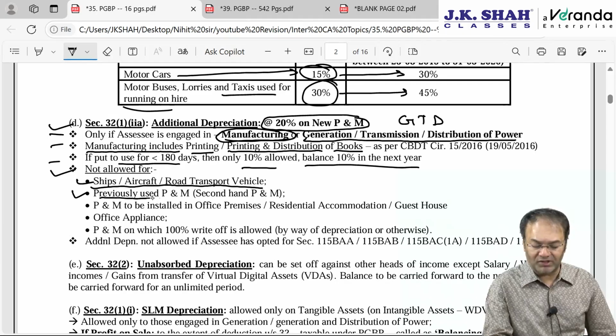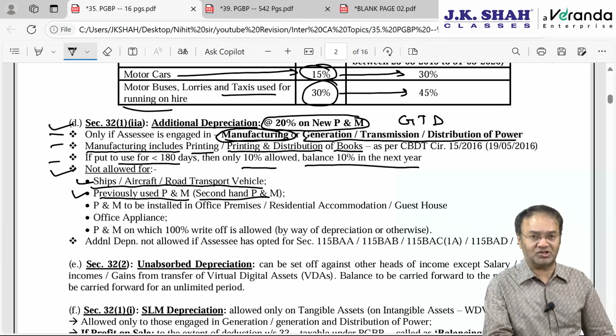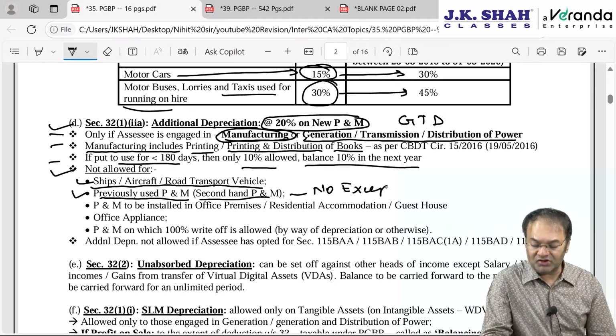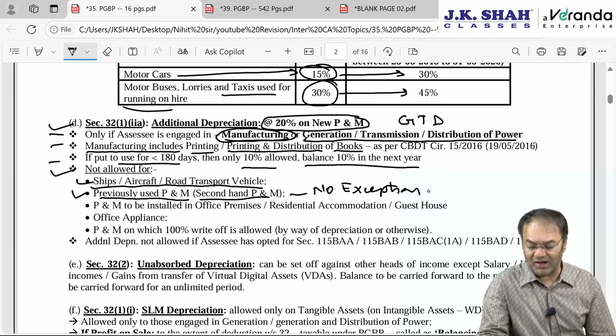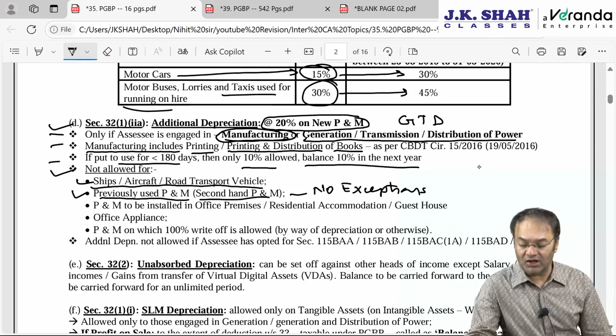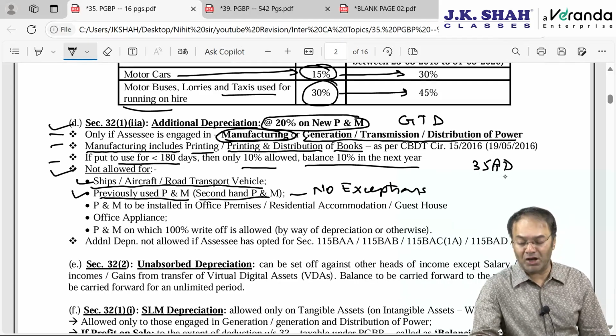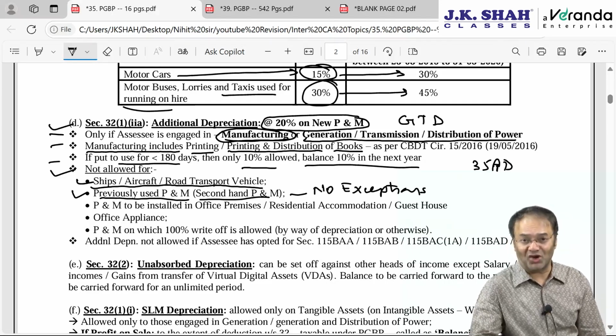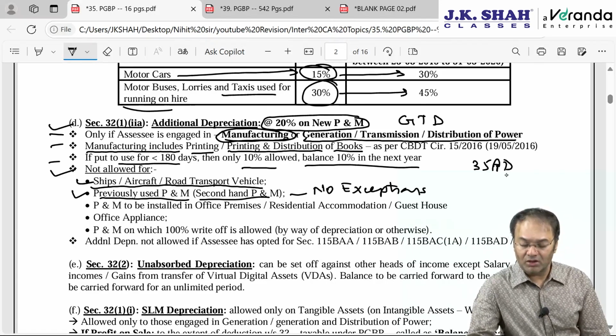Second, which is very important, previously used plant and machinery, that is second hand plant and machinery. Here for second hand there are no exceptions. Since you are already done with the chapter and we are revising it, no exceptions. If you recollect, in section 35AD, 14 specified businesses: cross-country pipeline network, agricultural warehouse, cold chain facility, hotel of 2-star and above, hospital of 100 patient beds and more. In 35AD there also is a condition that second hand is not allowed. In 10AA SEZ, there also second hand plant and machinery is not allowed.